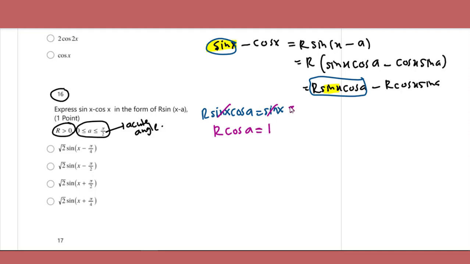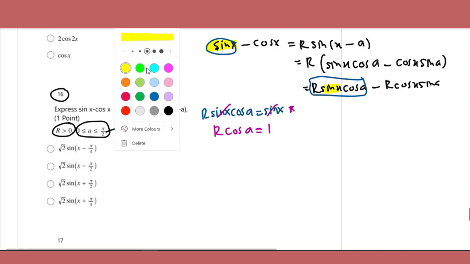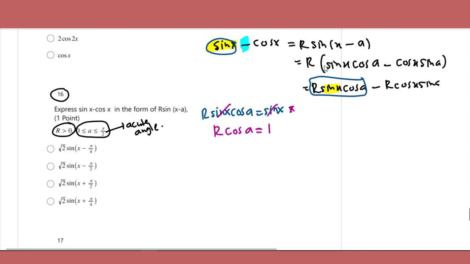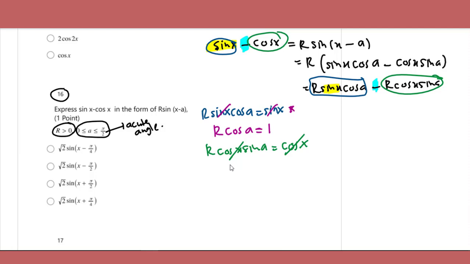Then for the second term, this one is negative, so this term is equal to this term. R cos x sin a is equal to cos x. Cancel cos x, so r sin a is equal to 1. You can skip this step.